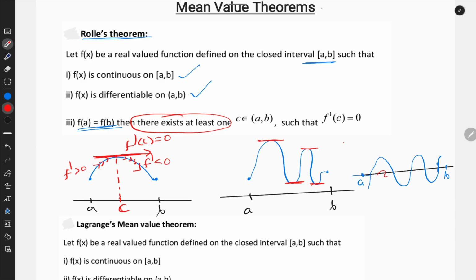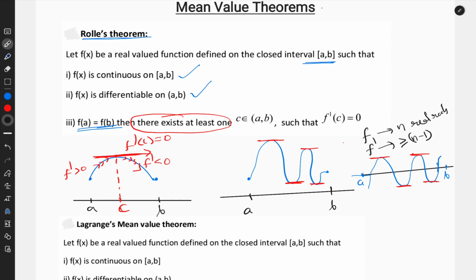Between every pair of consecutive roots there exists at least one c: 1, 2, 3, 4. So if f has n real roots, then f dash will have at least n minus 1 real roots.